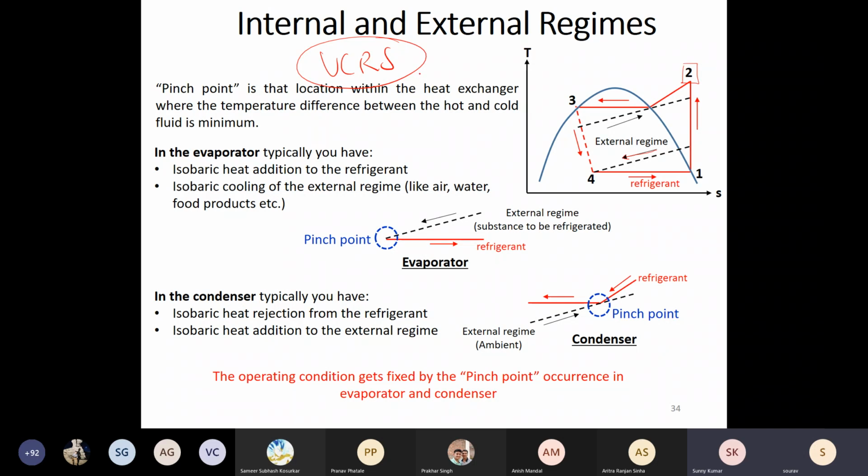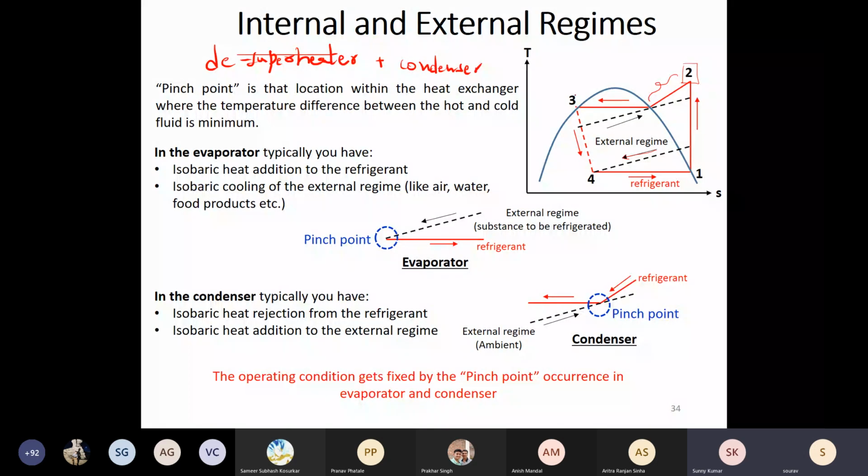So your condenser is eventually partly a desuperheater and partly a condenser. So calling it a condenser is also a misnomer in one sense. It is not just one process which is happening. Partially the refrigerant is undergoing sensible heat transfer and the rest is the phase change process.